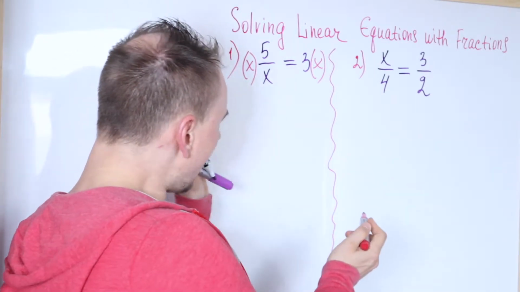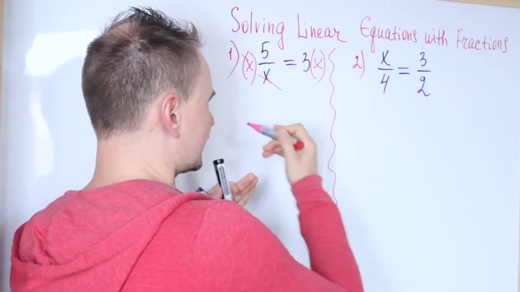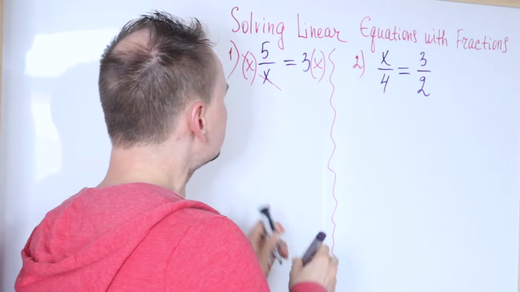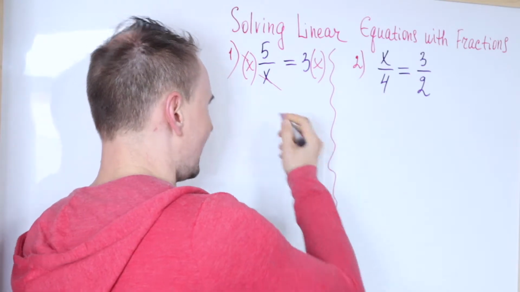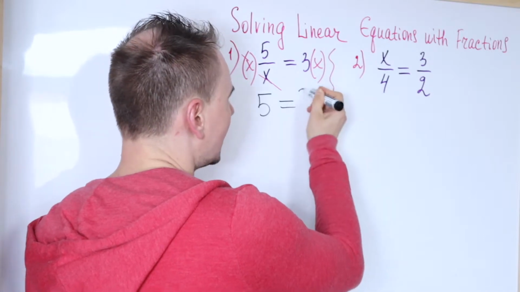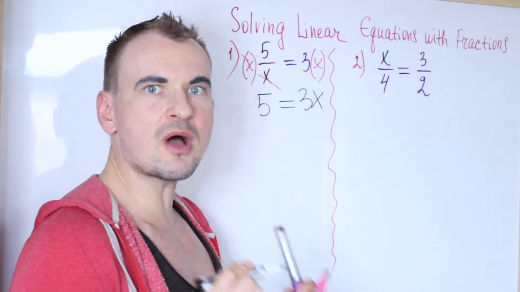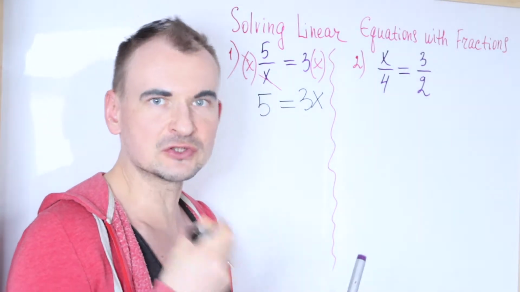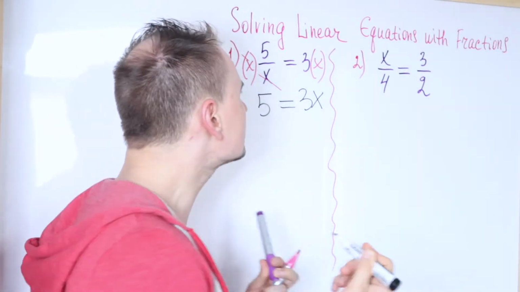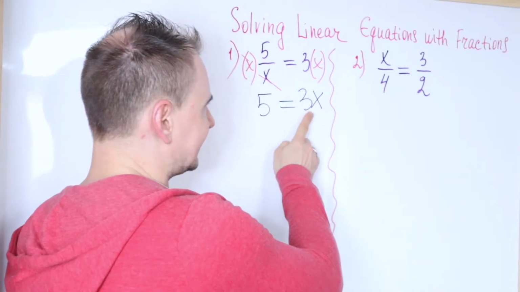Now, on the left side, this x cancels out this x, it disappears, and you would be left with just 5. On the left side becomes just 5. On the right side, 3x. Now you want to isolate x, you want to get your x alone. Typically you divide by whatever is attached to your x.